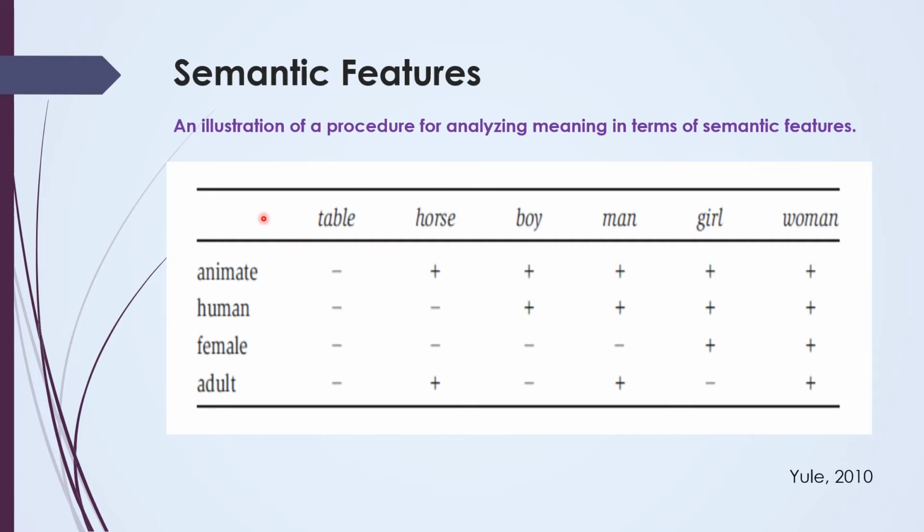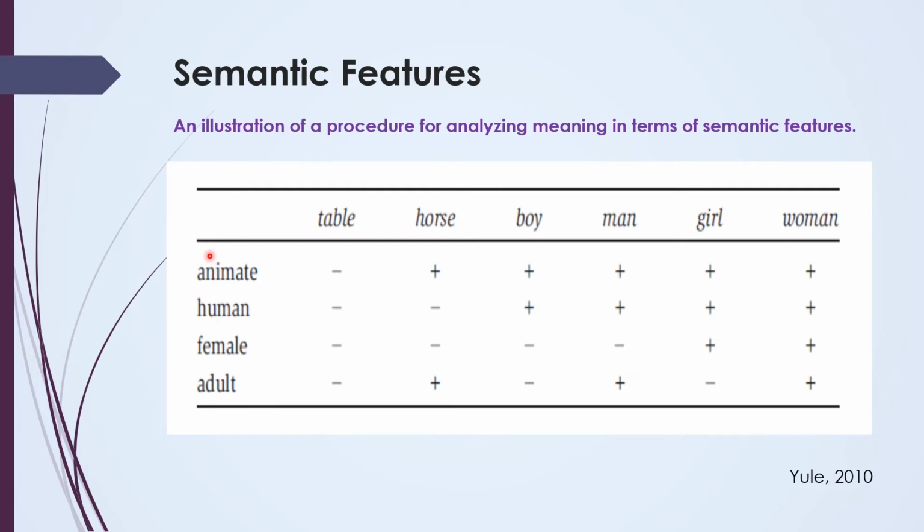This particular table you will be able to find in your textbook by George Yule, Introduction to Language. This chart is an illustration of a procedure for analyzing meaning in terms of semantic features. So whenever we are analyzing semantic features, this chart will help us to do so.